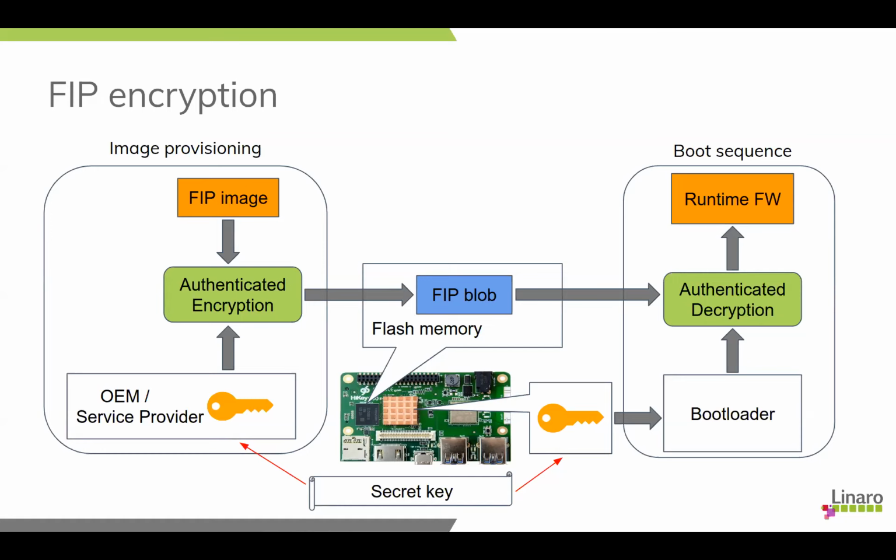The device itself, the bootloader, uses that same shared secret key to do authenticated decryption during boot and load it onto memory, and thereby continues the device booting. So this is how the basic encryption technique for a firmware would look.